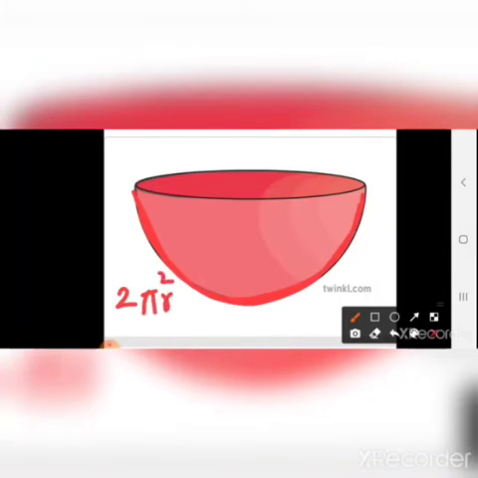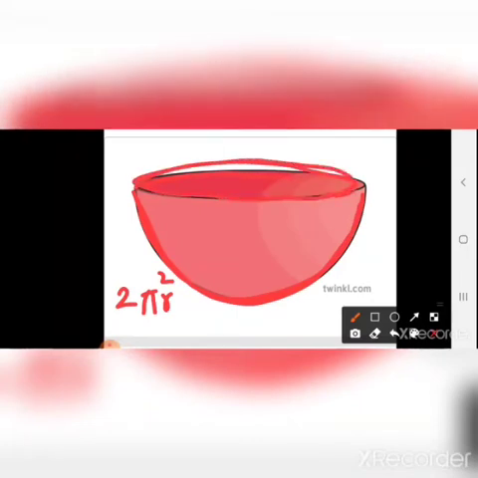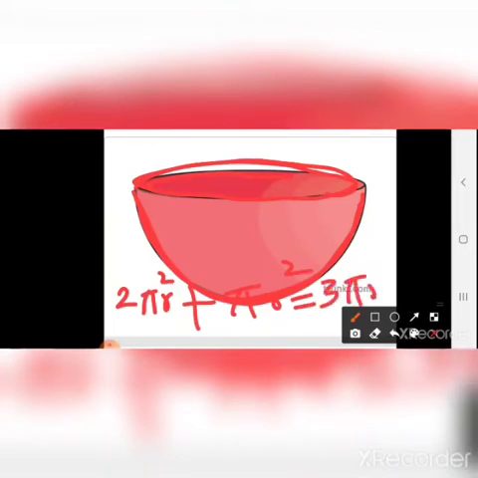It is 4 pi r square by 2. But when it is a closed hemisphere, if you see the base part of hemisphere is also a circle, so when we say it is a complete hemisphere, you have to add pi r square, so the complete hemisphere surface area will be 3 pi r square.